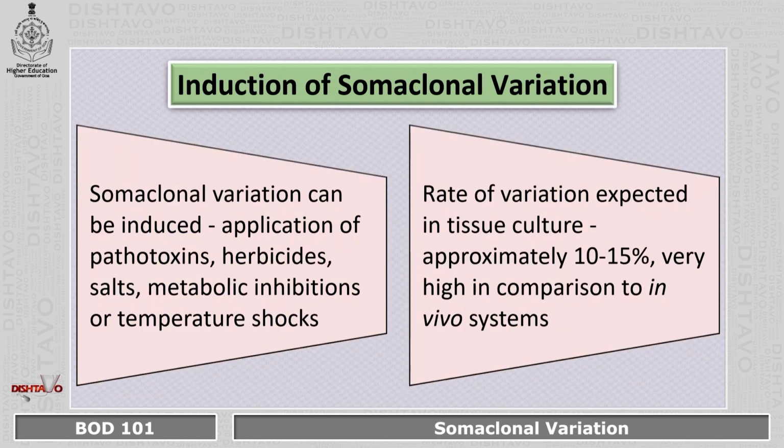Induction of somaclonal variation. Somaclonal variation can be induced by application of pathotoxins, herbicides, salts, metabolic inhibitors, or temperature shocks. The rate of variation expected in tissue culture is approximately 10 to 15%, which is very high in comparison to in vivo systems.